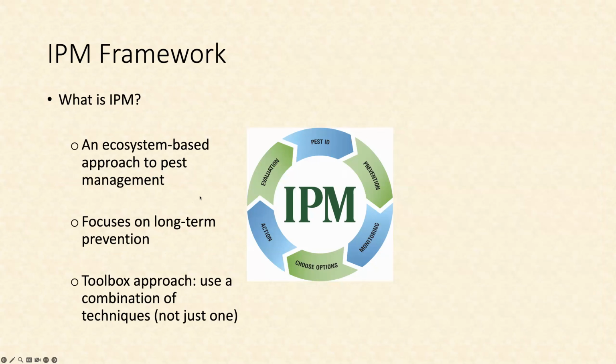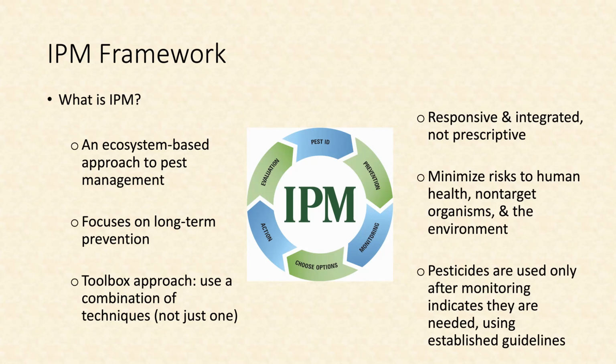IPM is an ecosystem-based approach to pest management. So it's a big picture, holistic approach, and it focuses on long-term prevention first and foremost. It's really a toolbox approach, the idea that you have this toolbox of strategies that you can use in combination with each other instead of just relying on one strategy or one tactic. It's responsive and integrated.